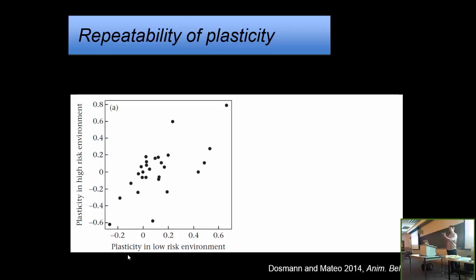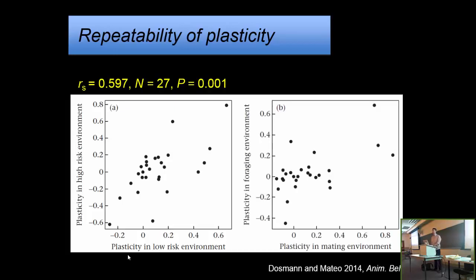And so we get that measure of plasticity at a low predation risk level, and we see that it correlates fairly strongly with that same plasticity in the high-risk environment, showing that there are consistent individual differences in plasticity across environments. And when we flip this around the other way, we see a similar pattern as well.